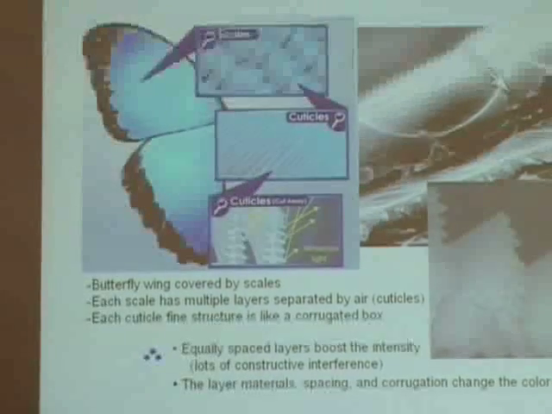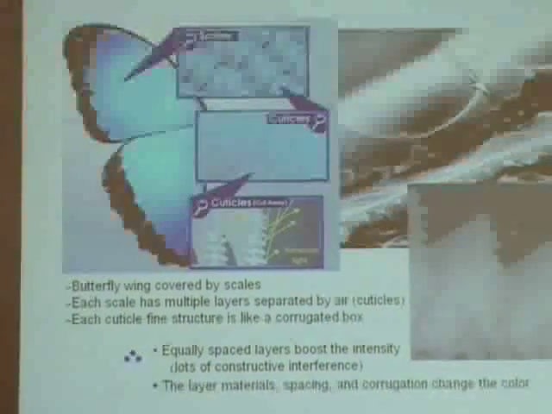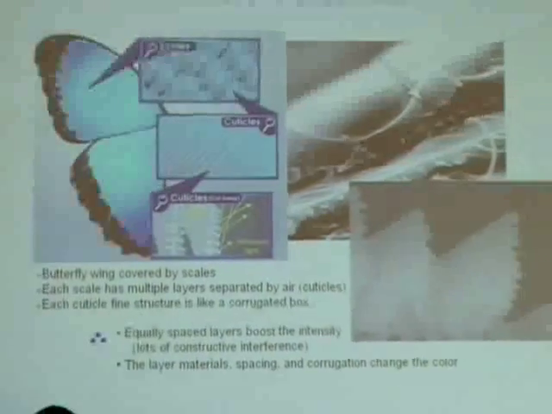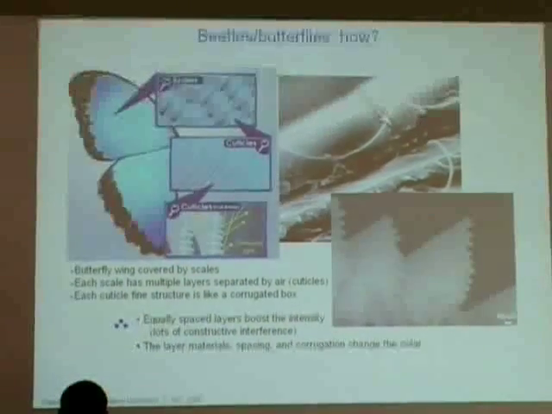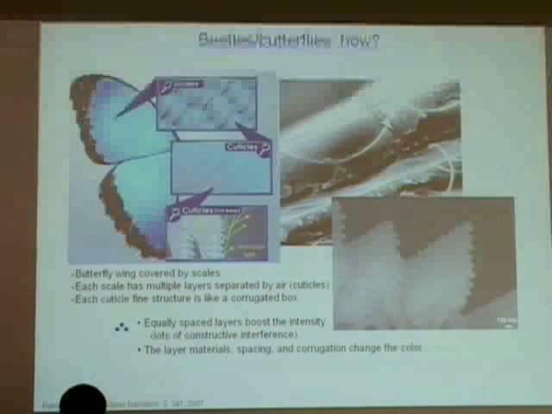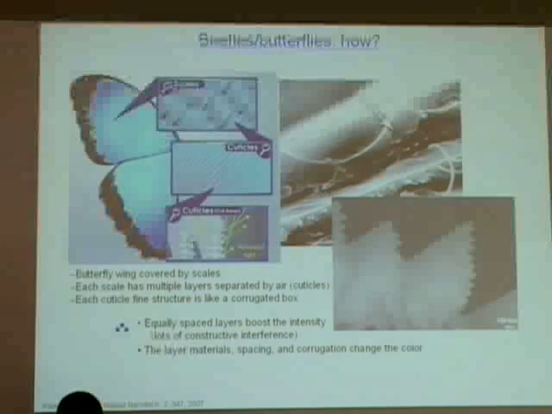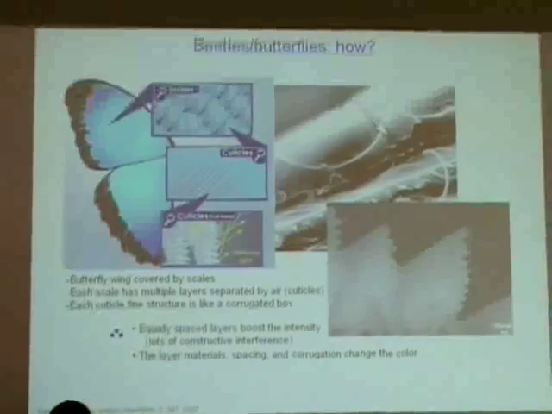So these are actual images. This is a cartoon. These are images of this butterfly wing. These are electron micrographs. These are different layers of cuticles. And it's a little hard to see maybe, but you can hopefully see that each one, there's like 7 different layers in there. And if you look carefully enough, you'll see that they're really controlled, the thicknesses and the layer and spacing between them.